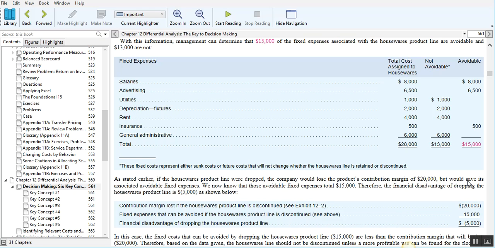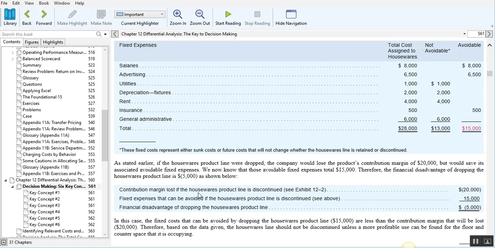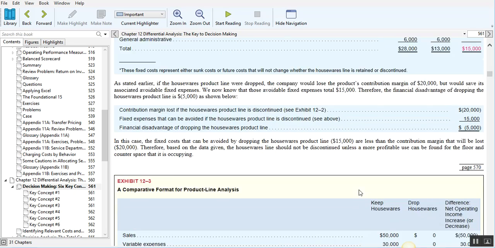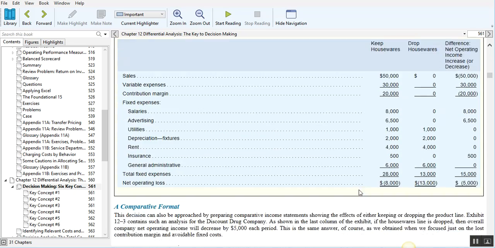So if we're looking at that and we compare that to the contribution margin, well, we're going to save those avoidable costs of $15,000, but we're also giving up the contribution margin of $20,000, which means this is a net loss to us of $5,000. But we're giving up a financial benefit of $5,000. So this is a disadvantage if we drop that product line.